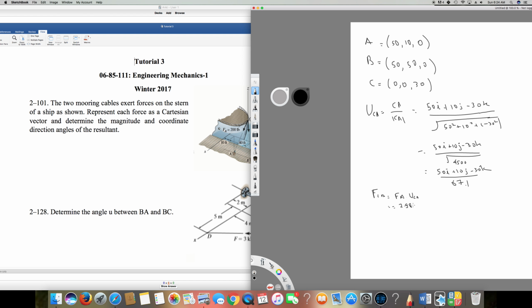So 2.98 times 50I plus 10J minus 30K, which is going to give me 2.98 times 50 is equal to 149I plus 29.8J, and 2.98 times 30 is going to be 89.4K.